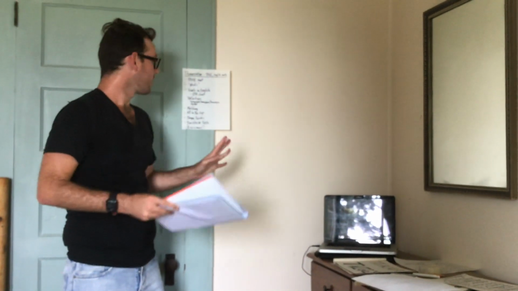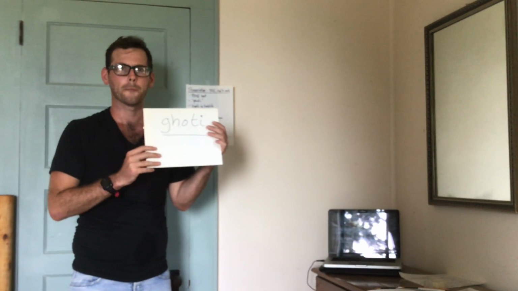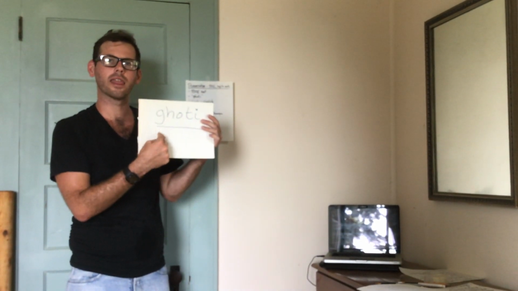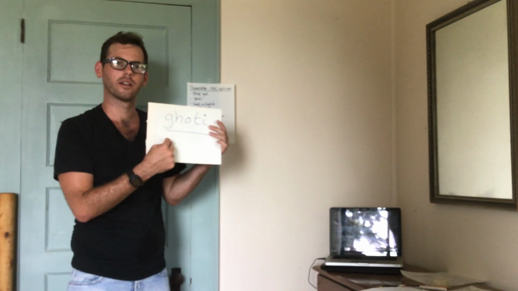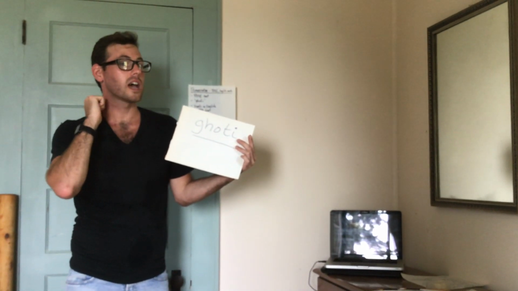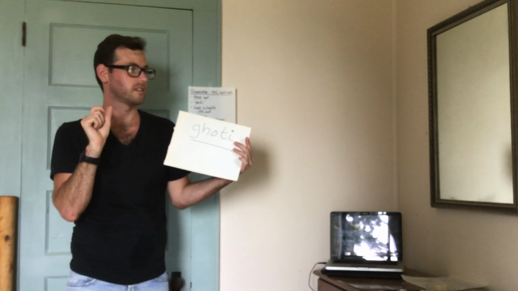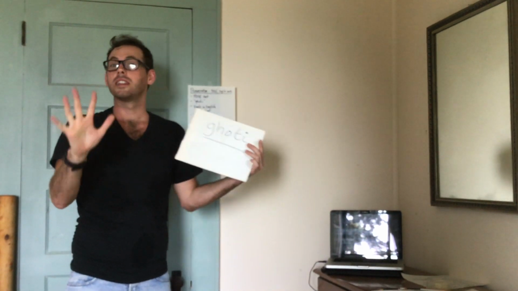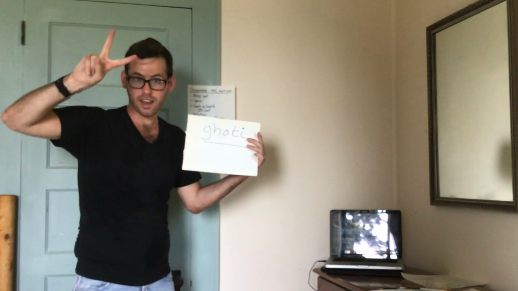All right. So I'm going to show you a word, and I want you to see if you know how to say it. How do you say this word? Ghoti, gotai, guhad. So this is a famous made-up word.